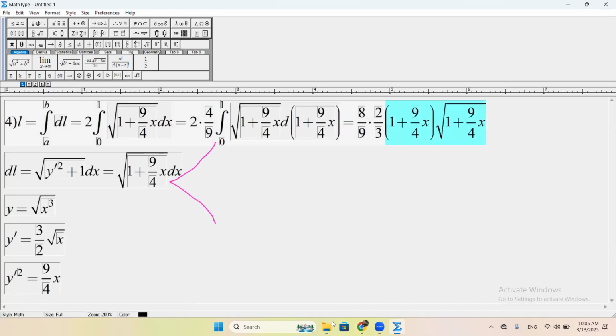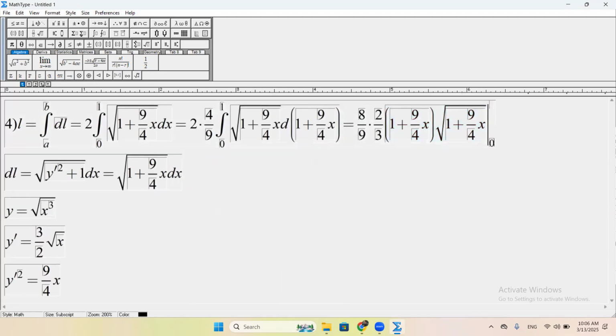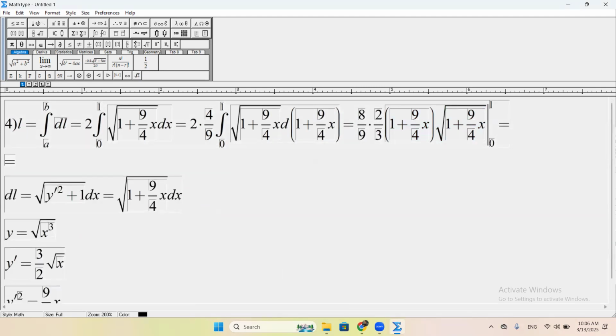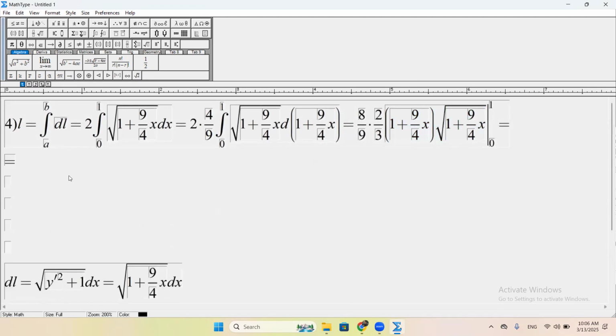Let me delete the annotations. So with substitutions from 0 to 1, we have the following. So 16 over 27.